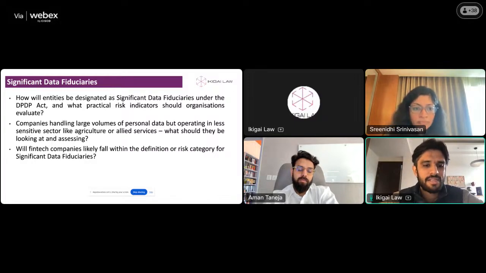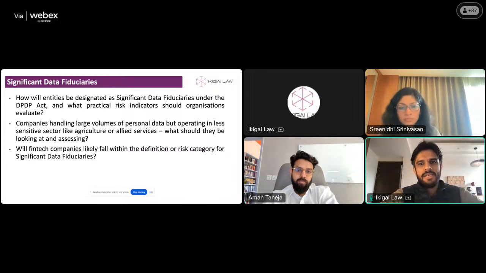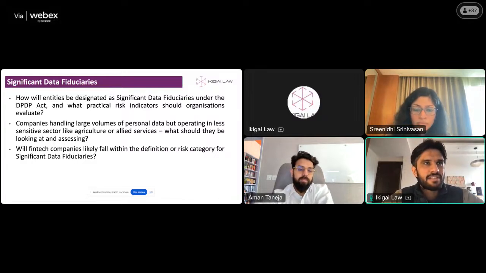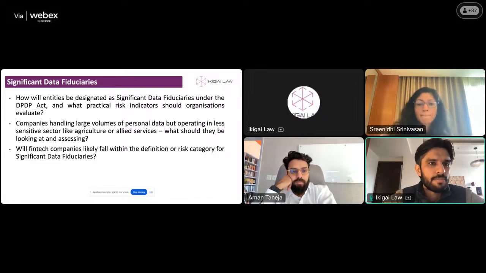They might be handling a lot of data, but maybe it's not sensitive data in certain circumstances. For companies in these less obviously sensitive sectors, what's the risk? And to flip this question towards fintech or banking, should the risk of SDF classification be considered imminent or almost automatic for those sectors?